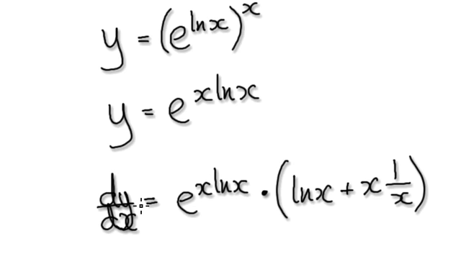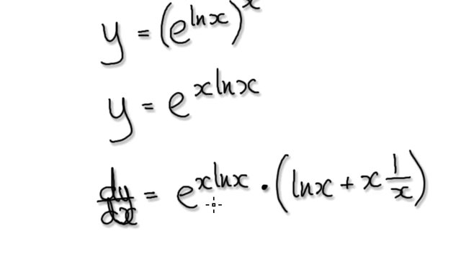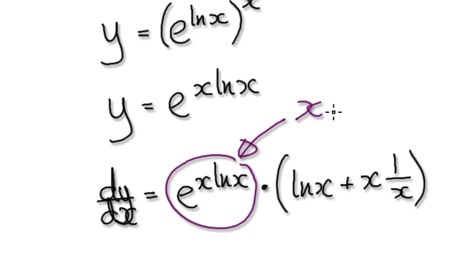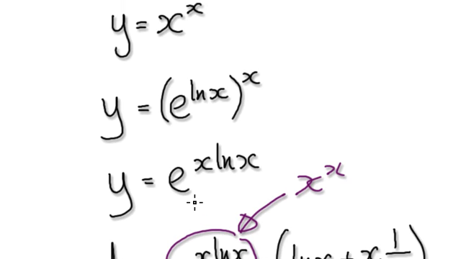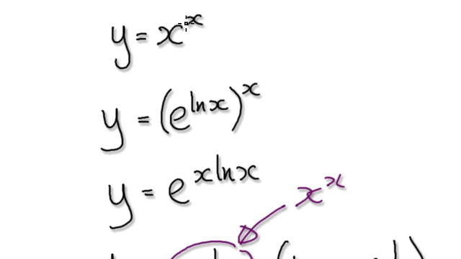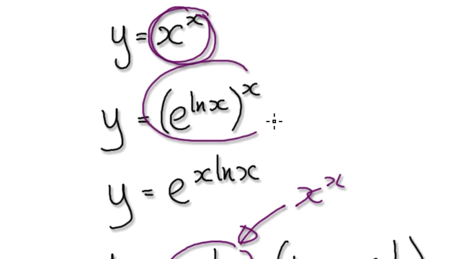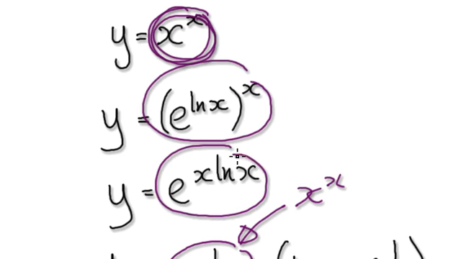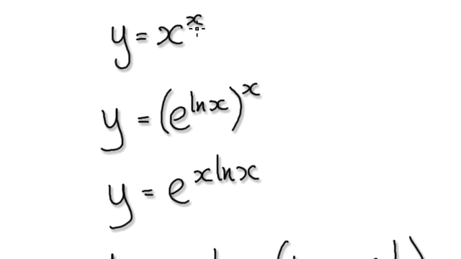And remember, this thing here is actually x to the power of x, because look at this: we started out with y equals x to the power of x. Well, this x to the power of x is this thing here, and this is x to the power of x.